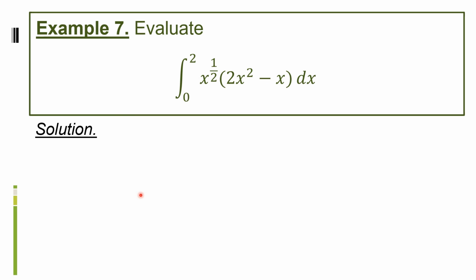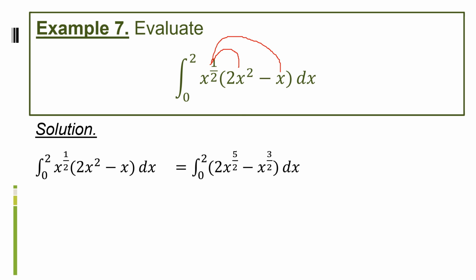So, what we should do is distribute the x raised to 1 half inside first so that it becomes a difference. So, that is the definite integral from 0 to 2 of 2x raised to 5 halves minus x raised to 3 halves. In this case, it is now two terms, no more multiplication, so we can separate them.